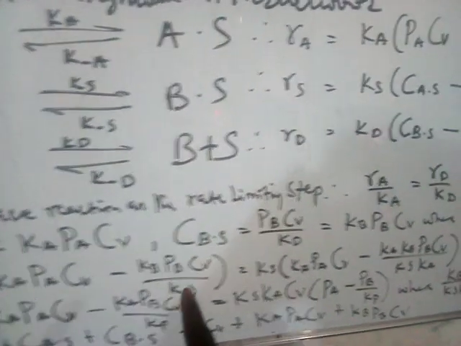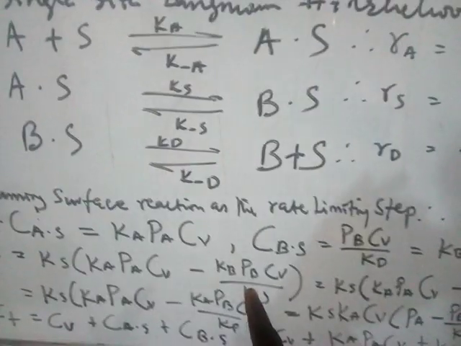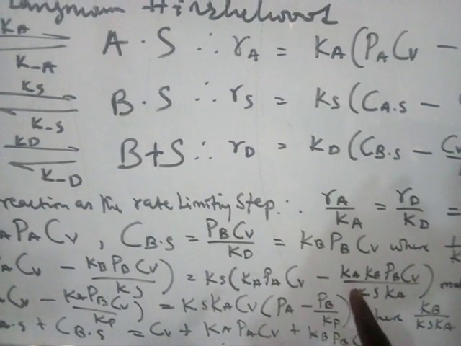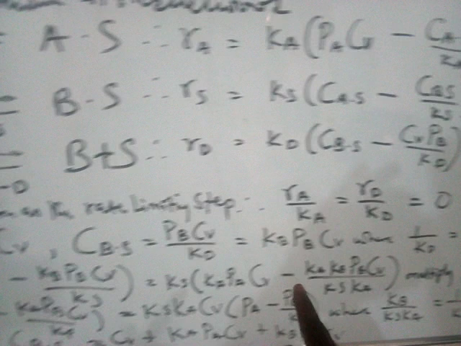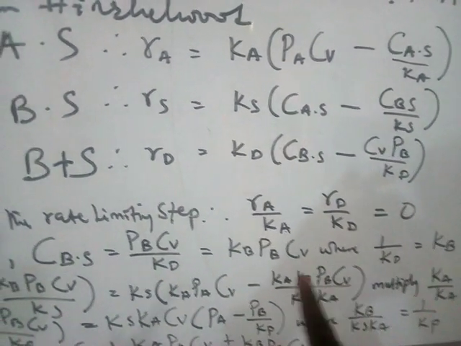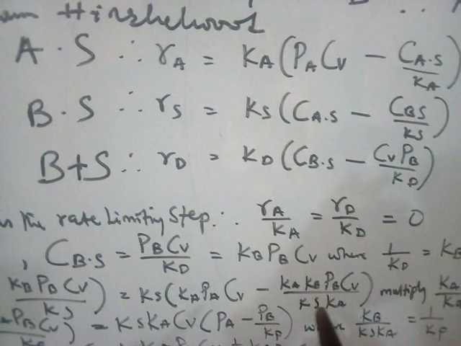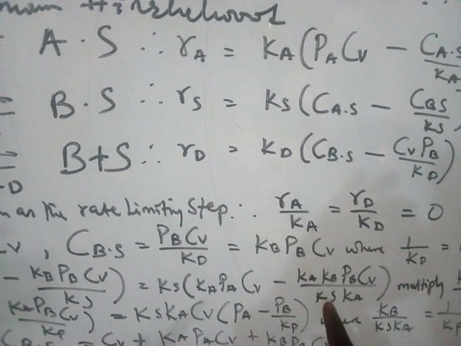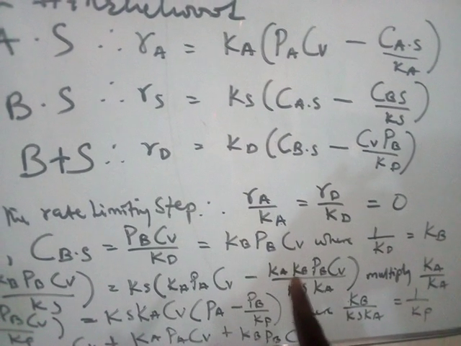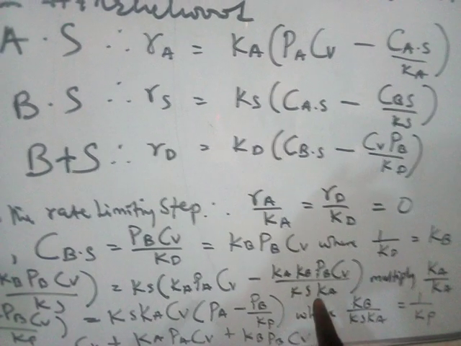So this is what we have, and we can actually extend this to this. What happened here is that we just multiplied the up and down this side by Ka and introduced Ka here, so that we have this. Why we did this is because we want to collect KB over Ka KS to be equal to 1 over Kp.